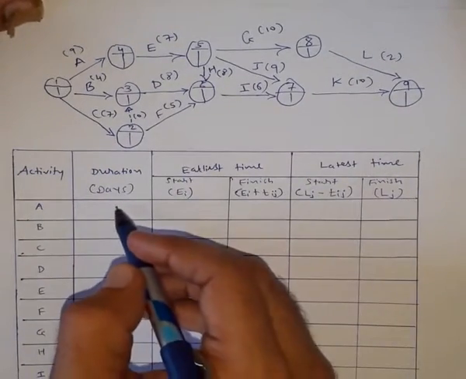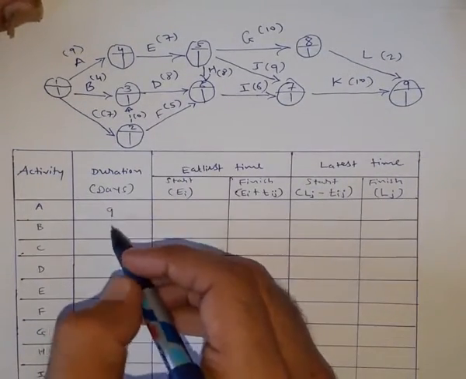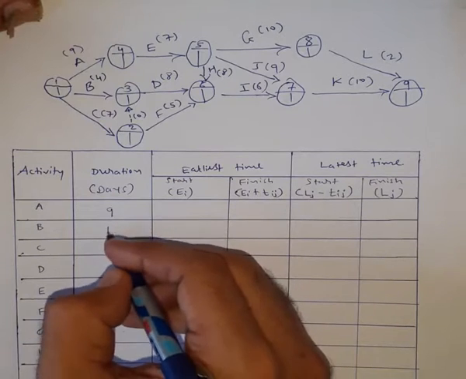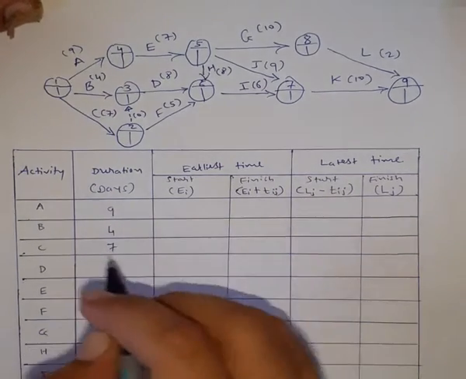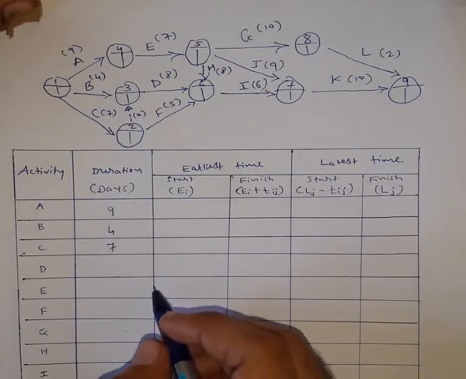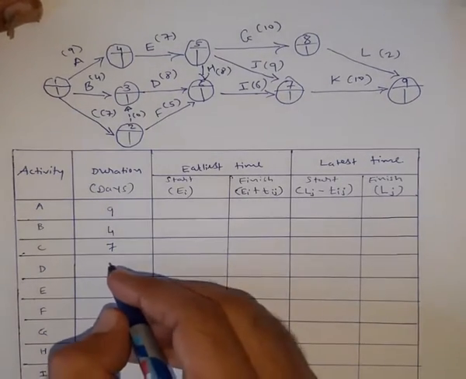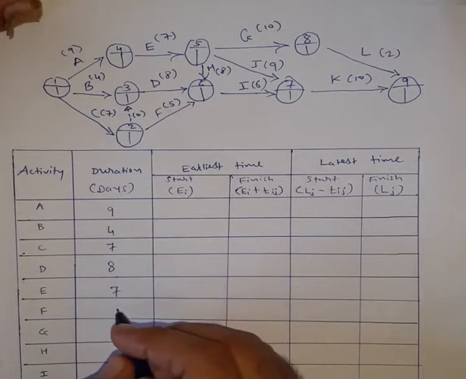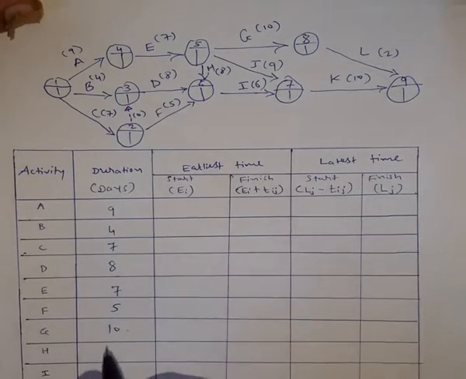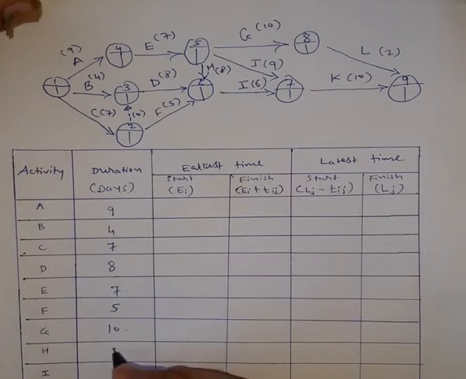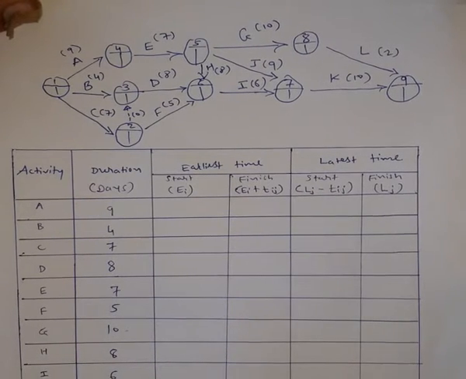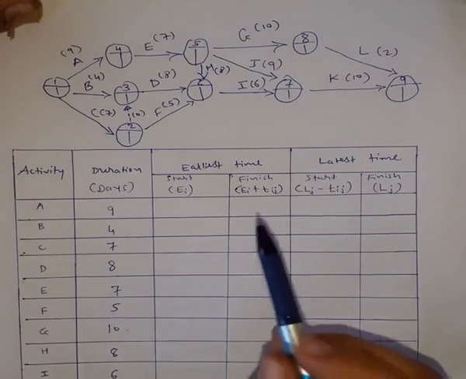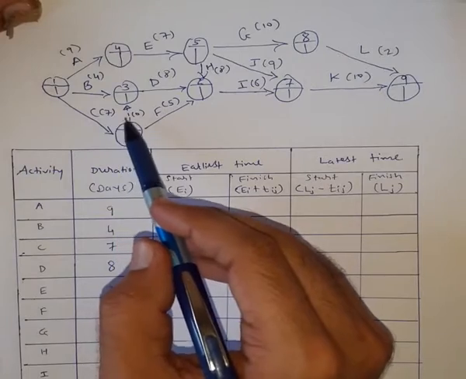So activity A's time duration is 9, activity B's time duration is 4, C it is 7, for D it is 8, for E it is 7, for F it is 5, for G it is 10, H it is 8, I it is 6, J it is 9, K it is 10 and L it is 2. So all the time durations have been written near the activity inside the bracket.